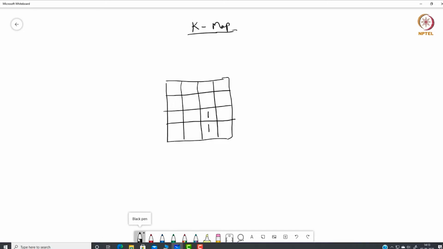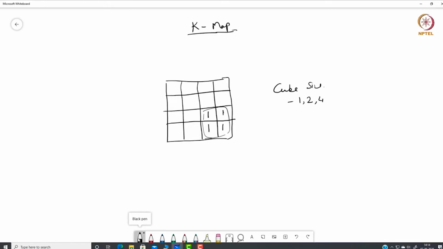So a cube size could be 1, which means the original min term, or two min terms can be combined to form a cube of 2, or 4 min terms can combine to form a cube of 4.